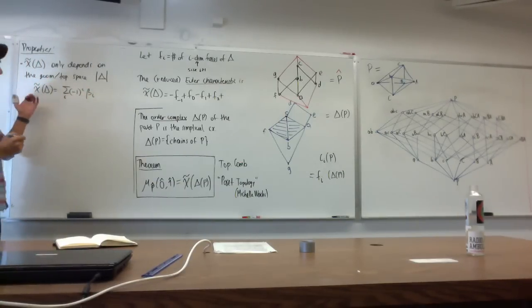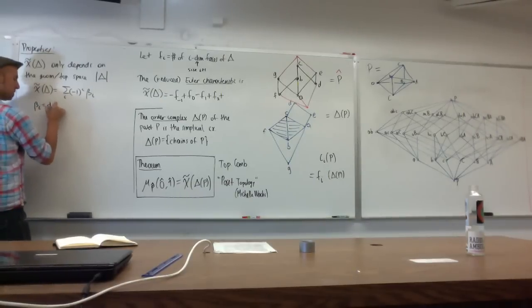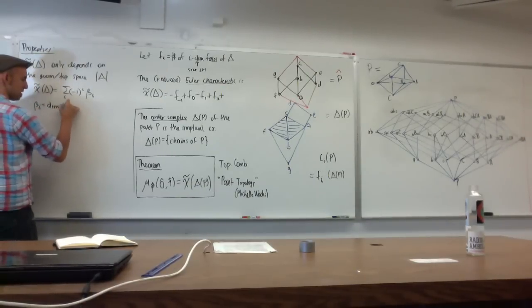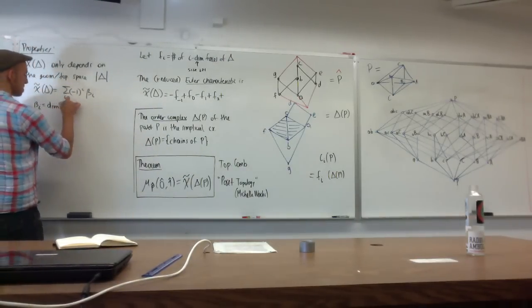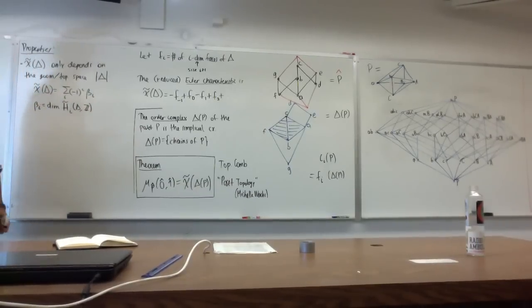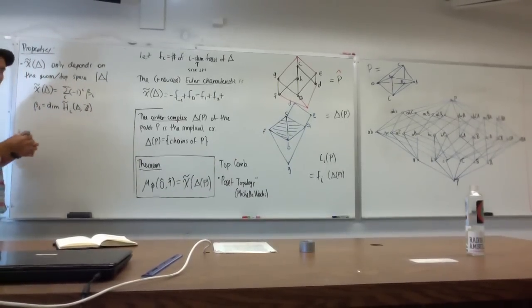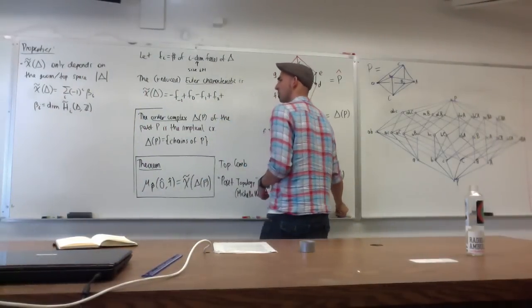So, in fact, the Euler characteristic is usually defined differently. It's usually defined as the alternating sum of the dimensions of the homology. Okay? And so maybe you know what a homology group is, maybe you don't.